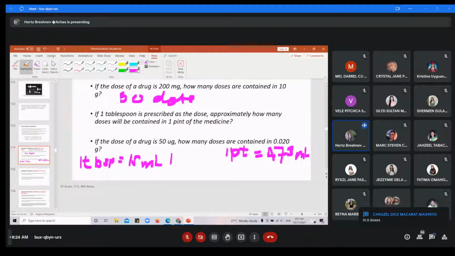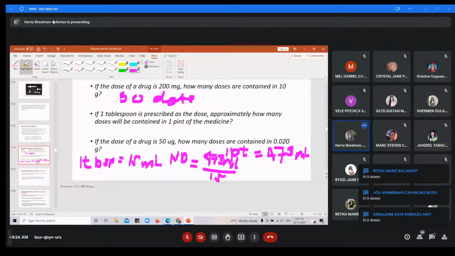Now, number of doses is equivalent to 473 ml divided by 15 ml. The answer is 473 divided by 15.